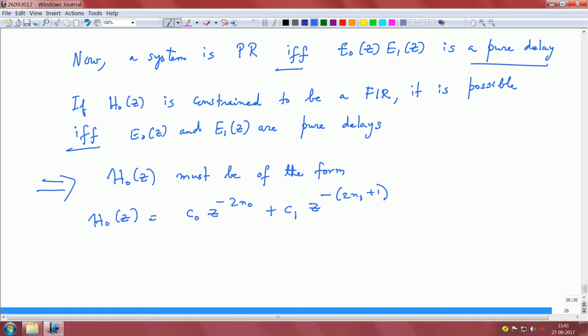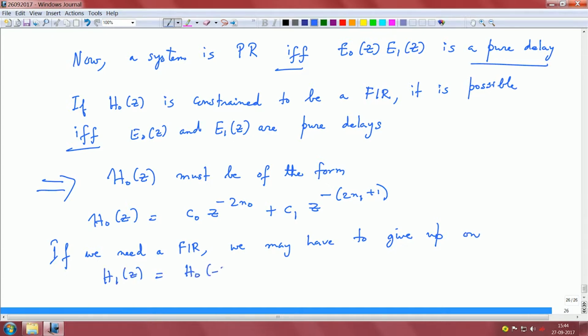Now, if we need a FIR, we may have to give up on the condition h1 of z is h0 of minus z. Our filter banks allow us to do that, right.